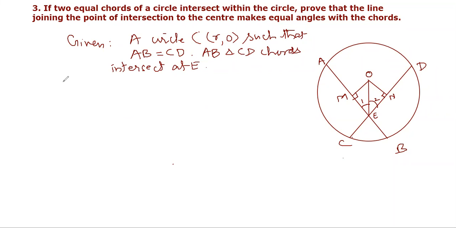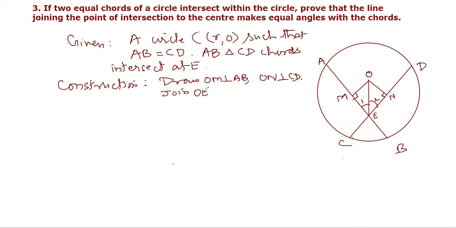Construction also, because we have done some construction, so you can write it. Construction: draw OM perpendicular on AB, ON perpendicular on CD, and also join OE.